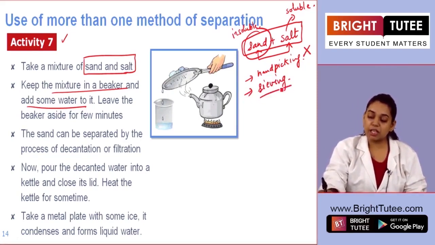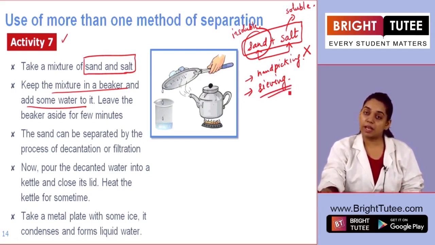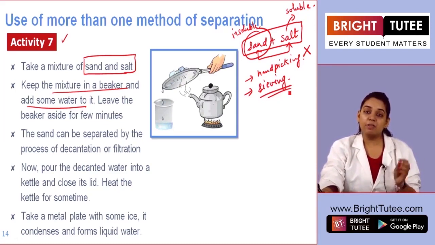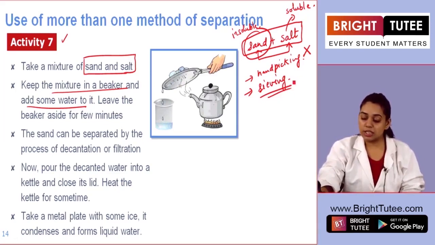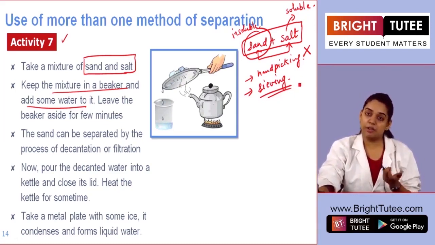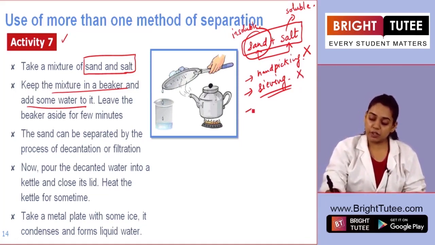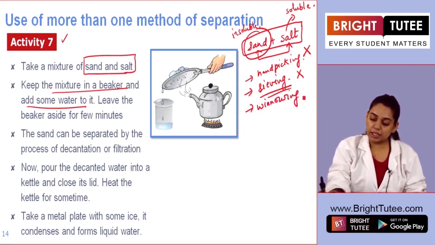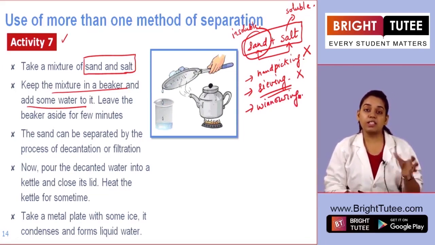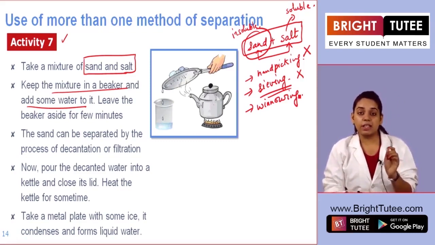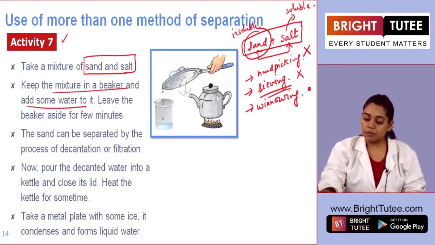Again, we cannot separate sand and salt by sieving because the particles are very small and they will pass through the pores of the sieve or the strainer. Then if we try winnowing, again the particles are too small and similar in size that they cannot be separated by winnowing either.